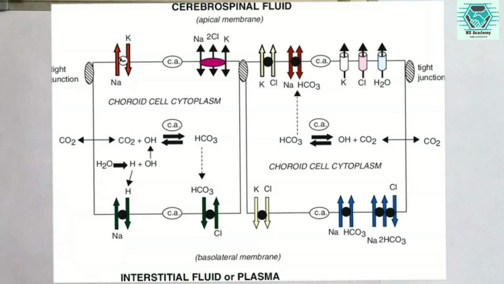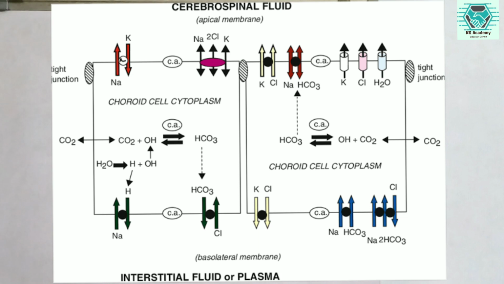So here the net transport of Na+ and Cl- across the epithelium results in the secretion of CSF. The Cl- efflux from the epithelium to the CSF is mediated by a co-transporter. Co-transporter means which transports simultaneously.